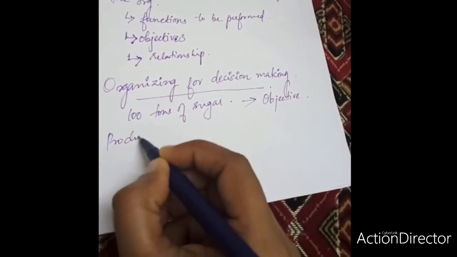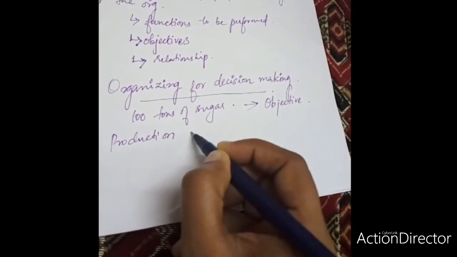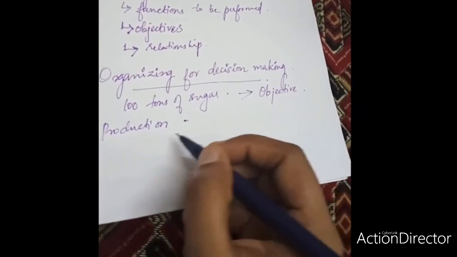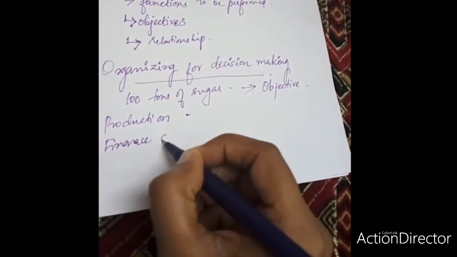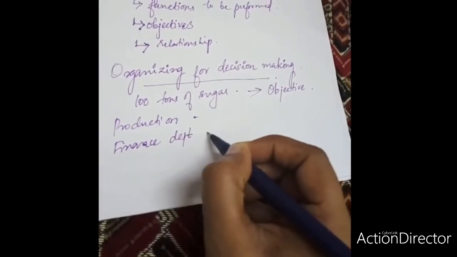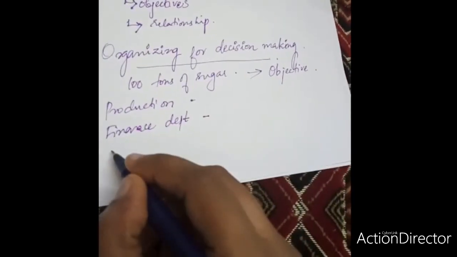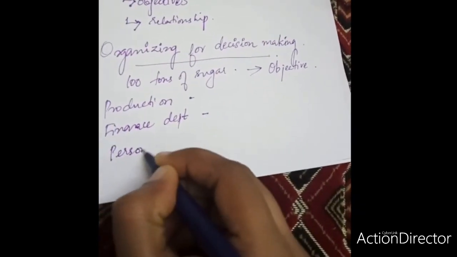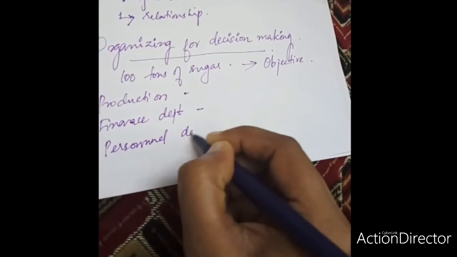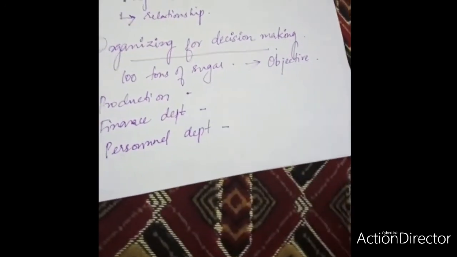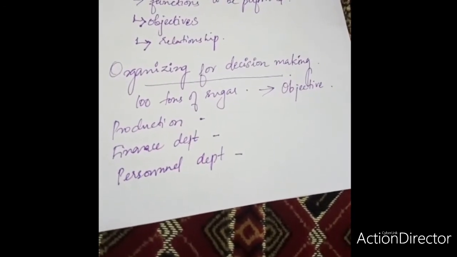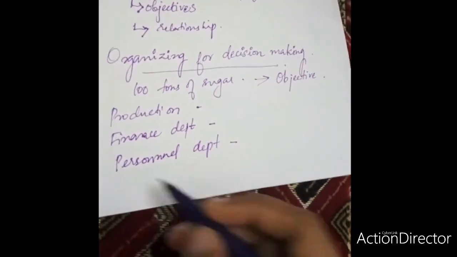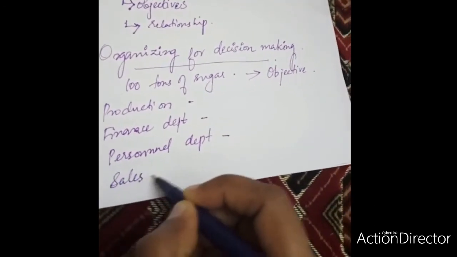For example, a production department to take care of the production, a finance department, then a personnel department to take care of the people who are working in the sugar mill, and at last the sales department also.